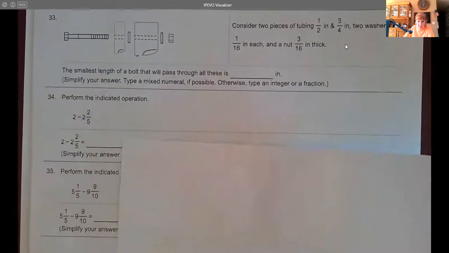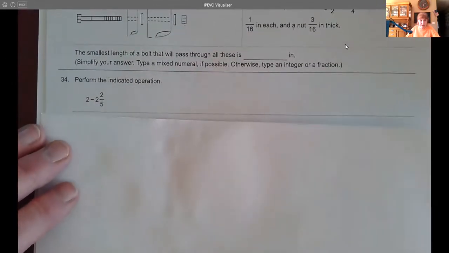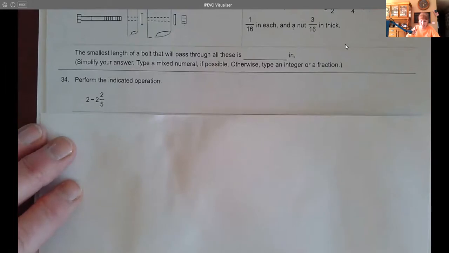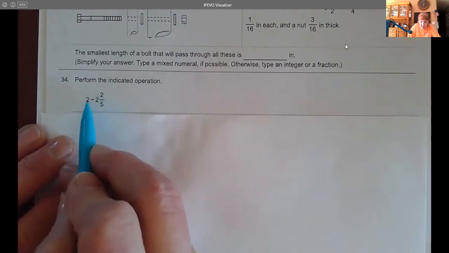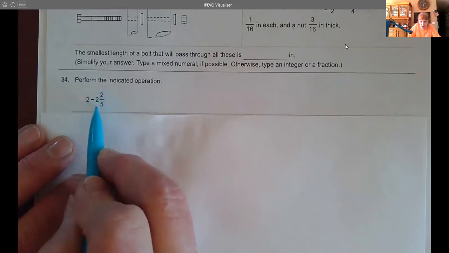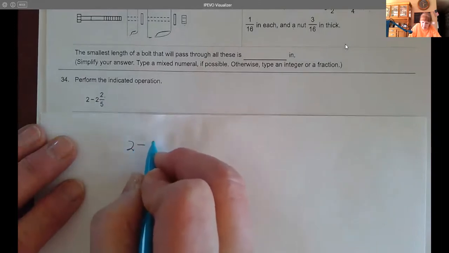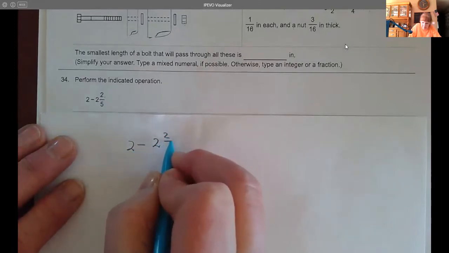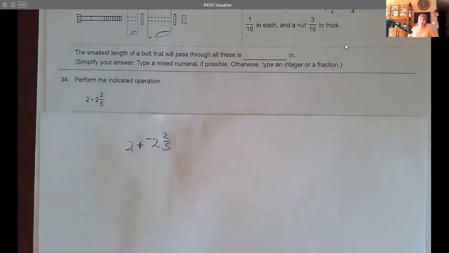These are very similar to the subtractions we've done before, except here I've got 2 2/5. I have 2 minus 2 2/5. This is larger. So what happens is that it's plus and negative.